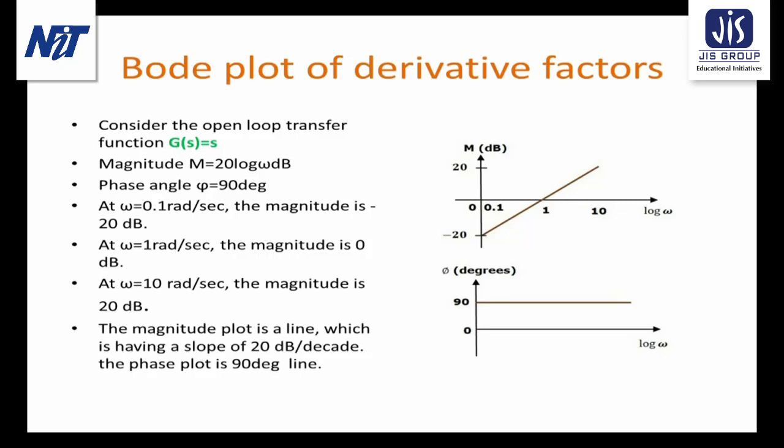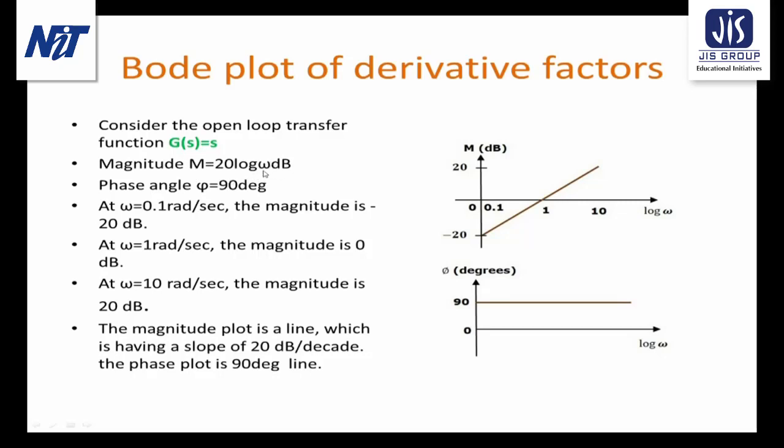And j omega can be represented in rectangular form as 0 plus j omega. Whereas in the polar form, it will be omega into, and phase angle is 90 degree. So here also we can see this magnitude is depending upon the omega.